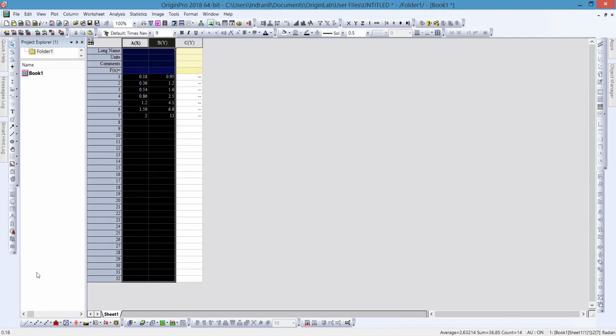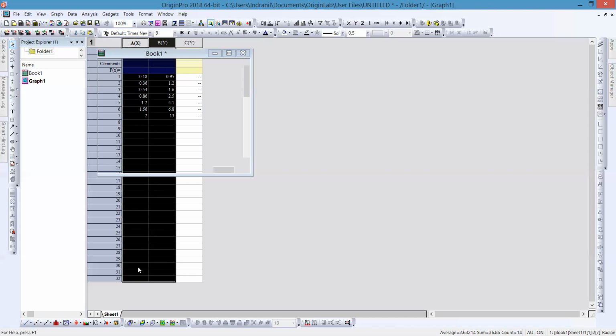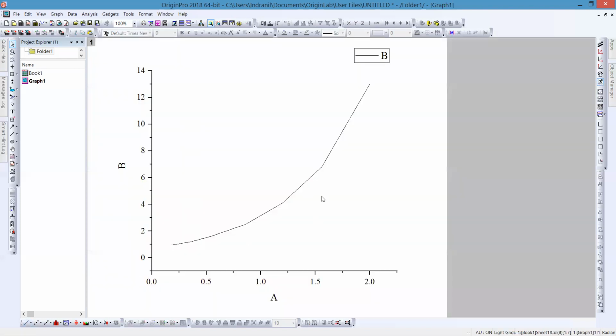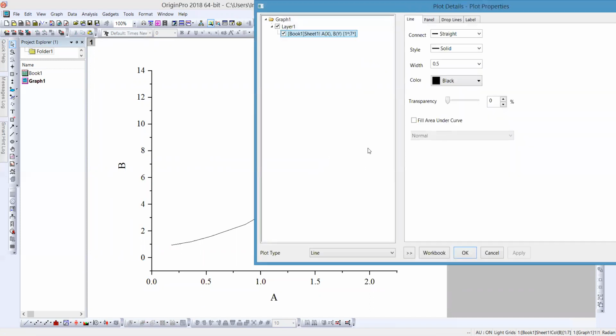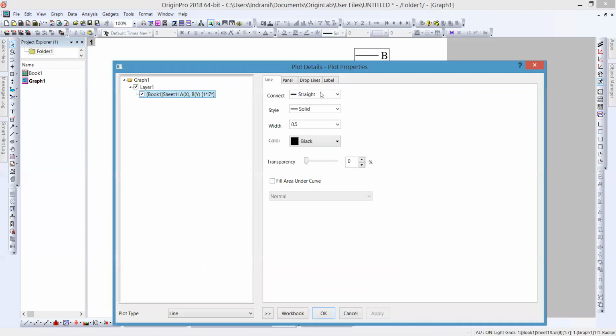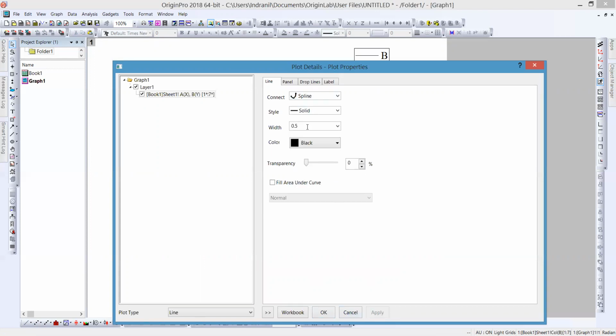So once we plot this, we have the DC characteristics, which we can refine. The main thing is that we need a parametric plot, like what we did in the previous case for the common emitter mode.